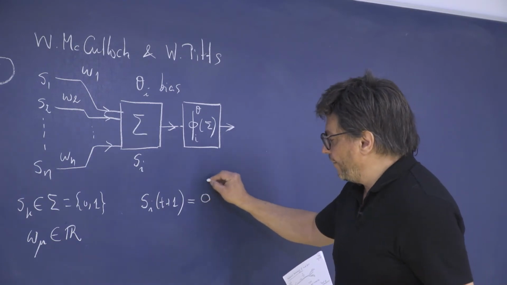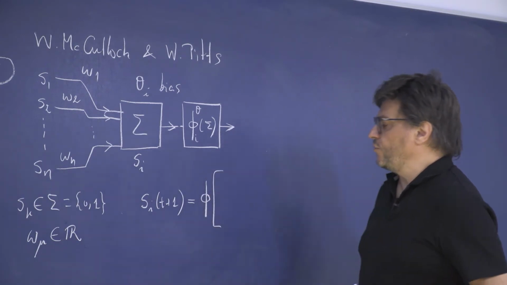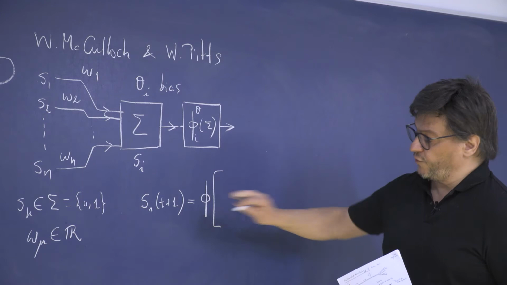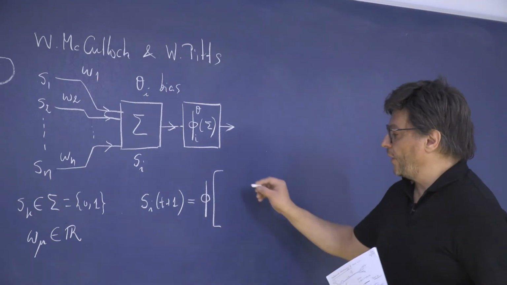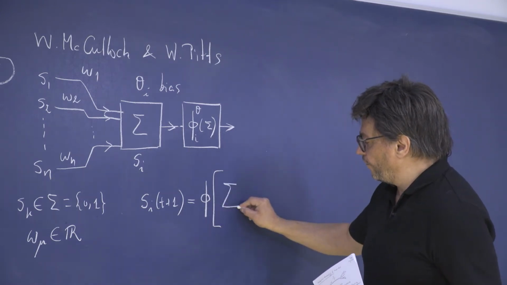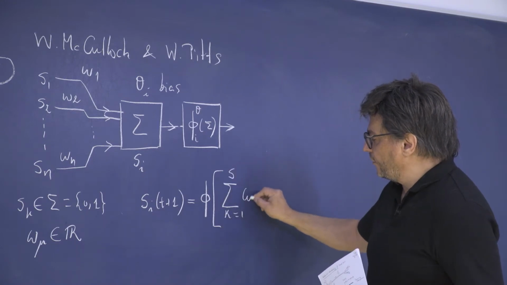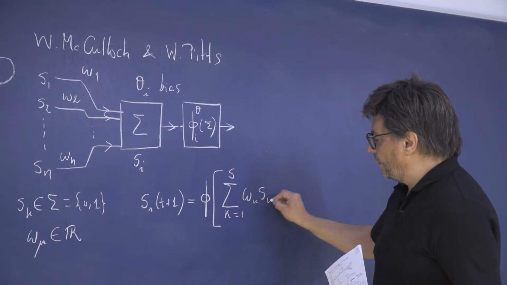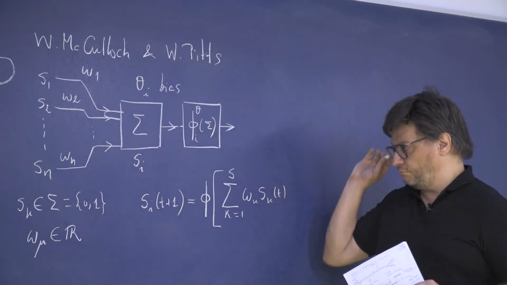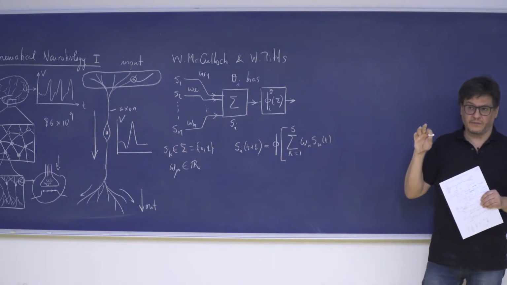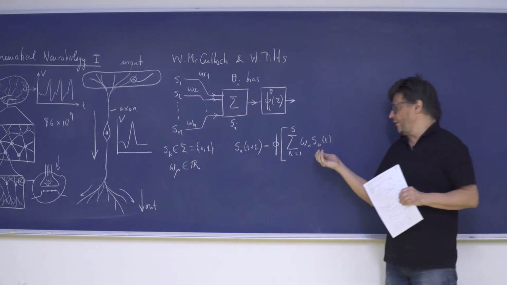McCulloch and Pitts say, all right, my response will be a threshold function, okay, that will involve the overall input acting on me by all the neurons involved in my system, right? And you see that it is weighted.